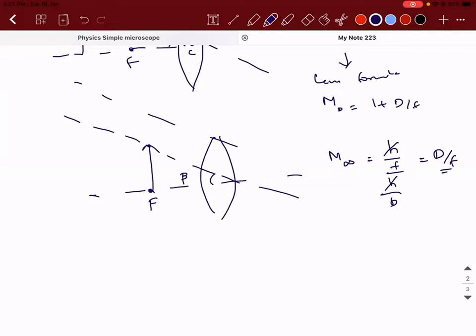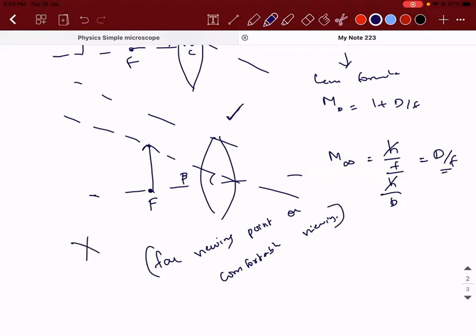What is the other name for the case of the image formed at infinity? It is called the far viewing point or comfortable viewing.